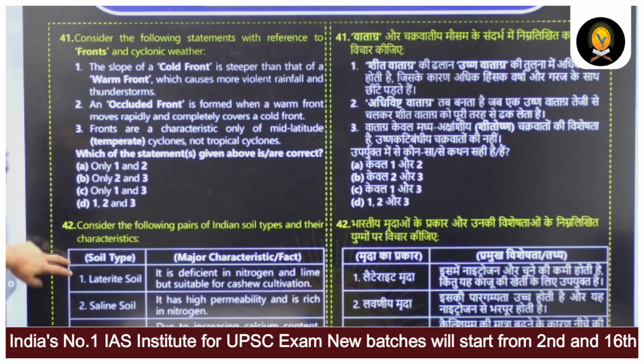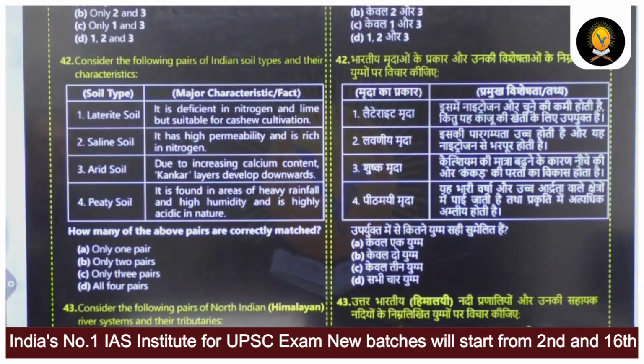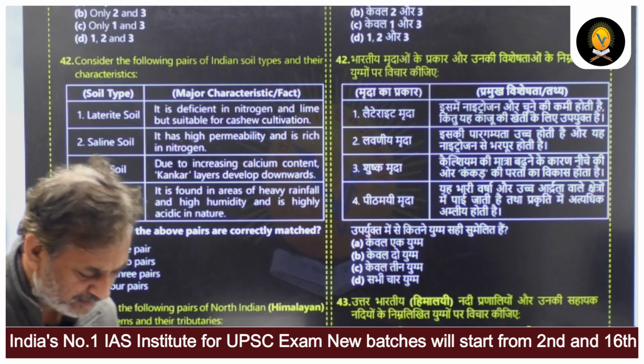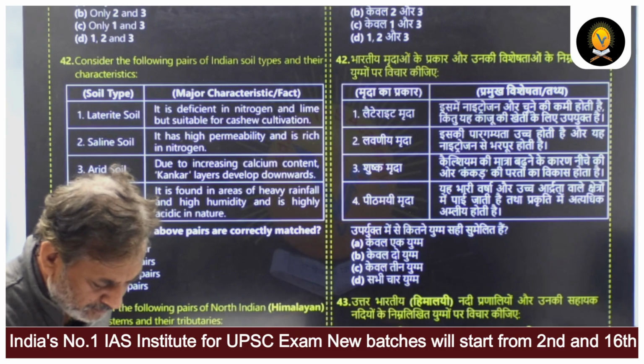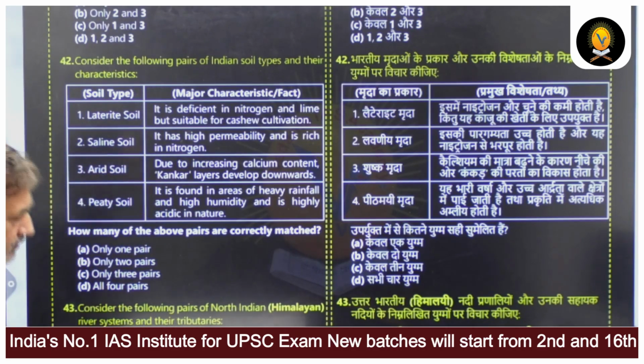Now question 42. Consider the following major types of soil. Laterite soil is deficient in nitrogen and lime but suitable for cashew cultivation. Correct. Saline soil has high permeability and is rich in nitrogen. Wrong. Arid soil, due to increasing calcium content, develops a kankar layer downward. Correct.